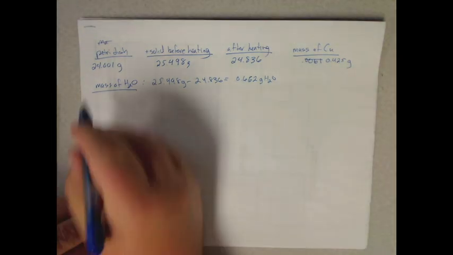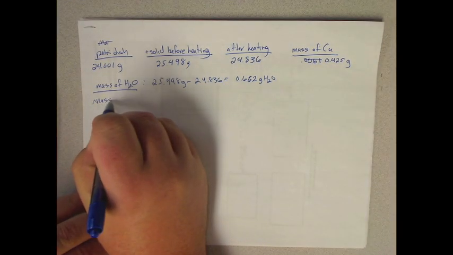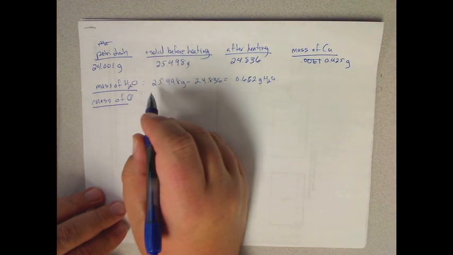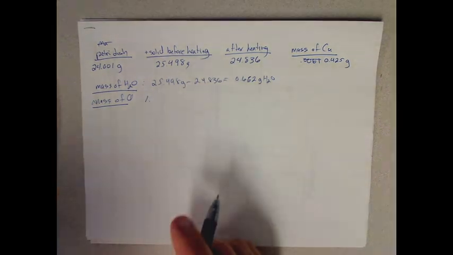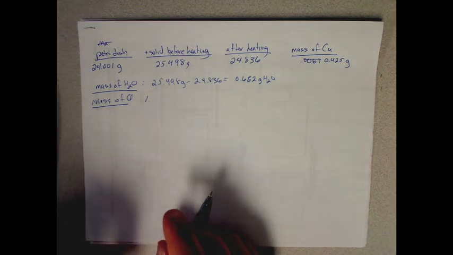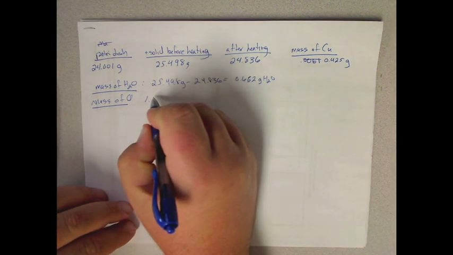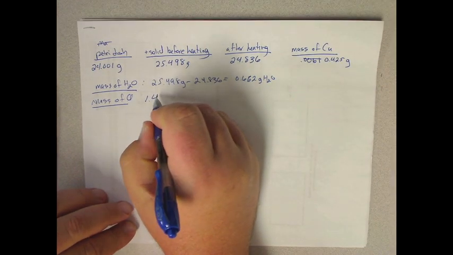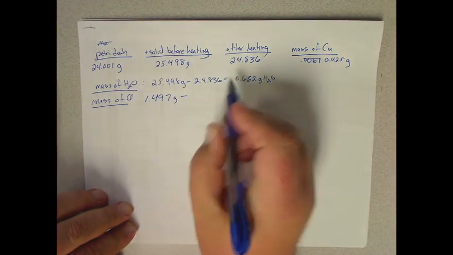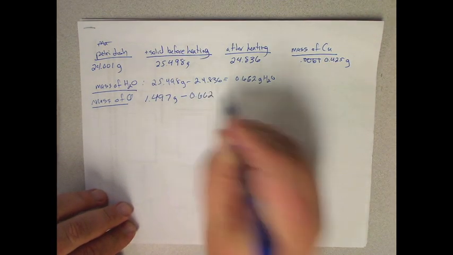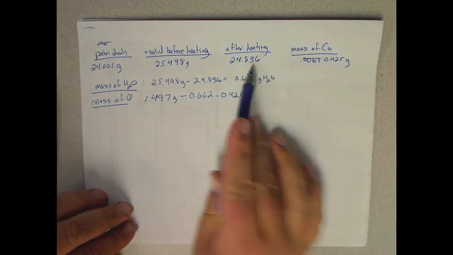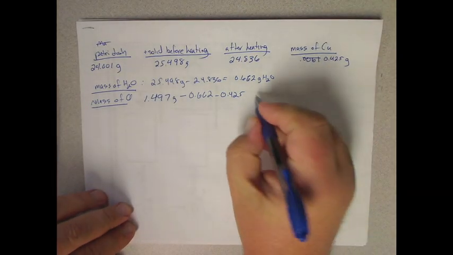Okay, and so then if we know the grams of water there, and we know the grams of copper, we should then also be able to get the mass of chlorine, which would be whatever this mass is here, which I think is 1.497, I guess, grams. Okay, so that's before heating, minus the amount of water, 0.662, minus the amount of copper, 0.425. Likewise, we could do it after heating and just subtract copper. It should give us the same number.